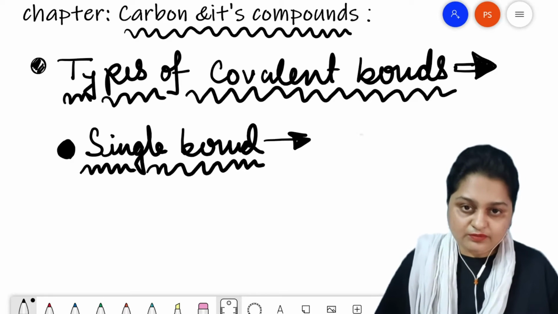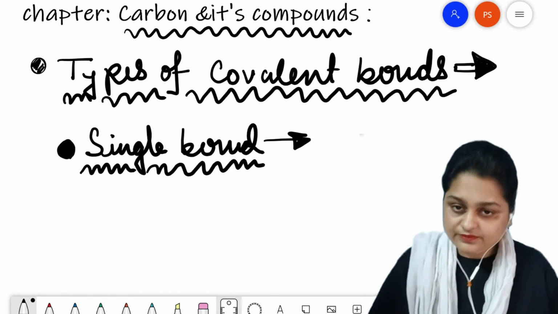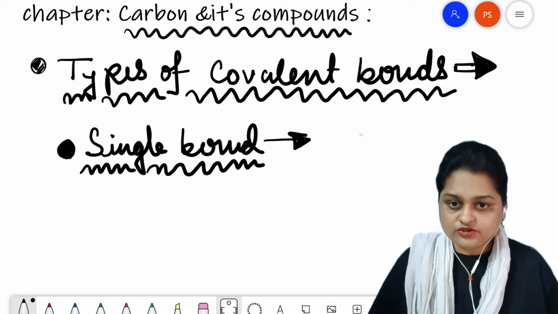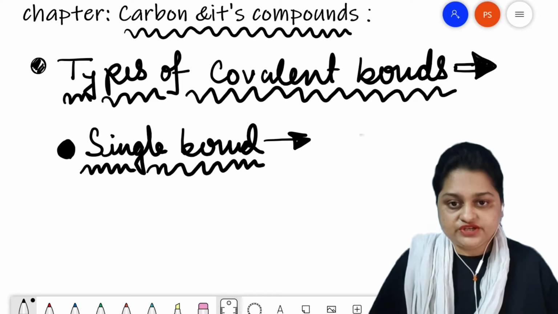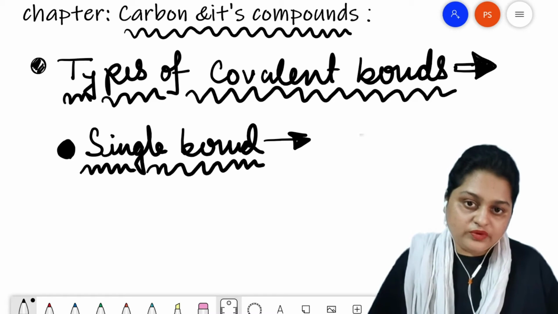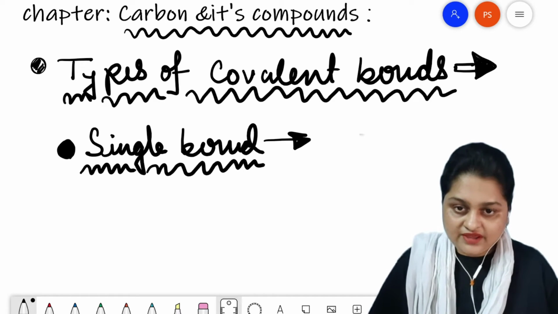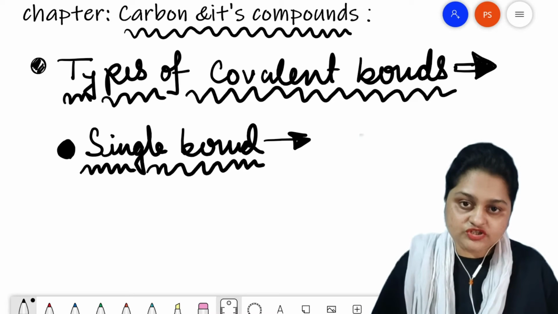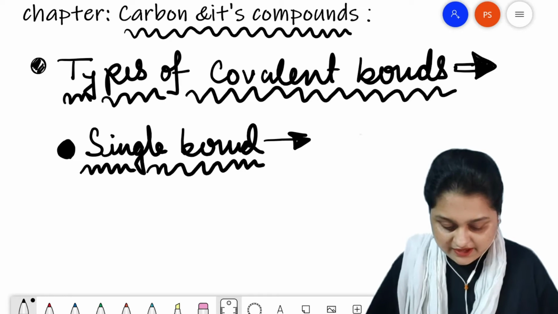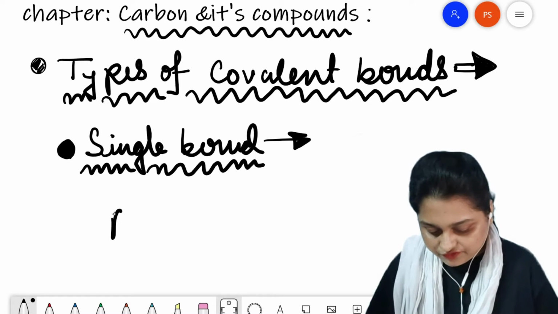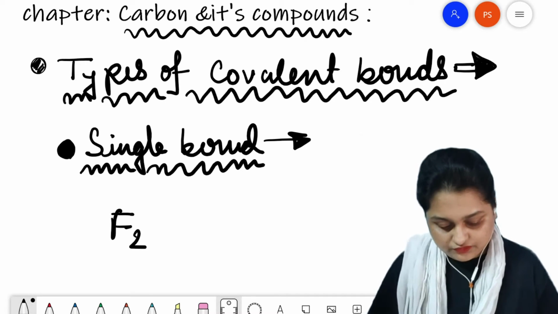Single bonds are formed when one electron is shared from one atom with another electron coming from another atom. Let's see how. Let's take the example of the fluorine molecule.